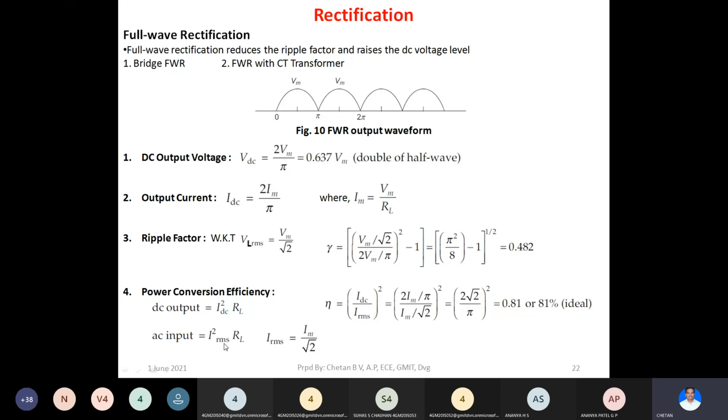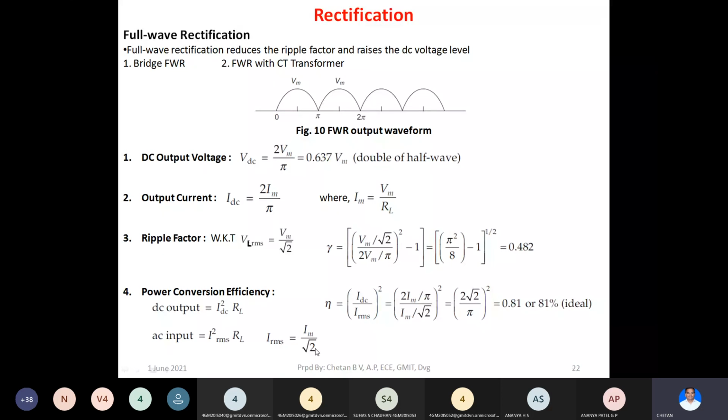This is the measure of AC input current, usually measured in RMS. So IRMS square into RL, where IRMS for this will be Im by root 2, just as VL RMS is Vm by root 2.